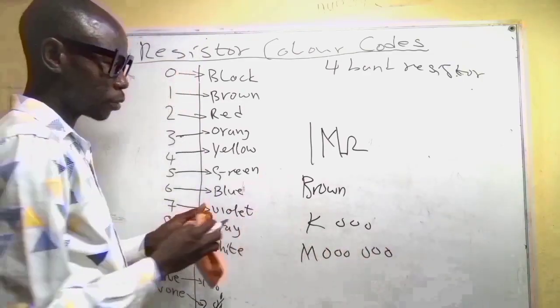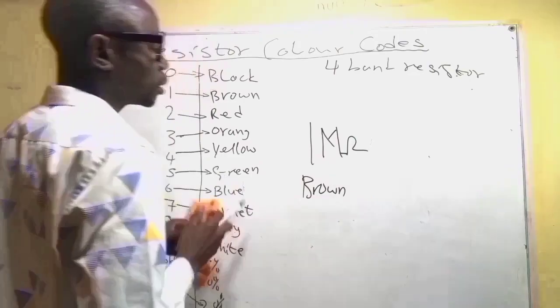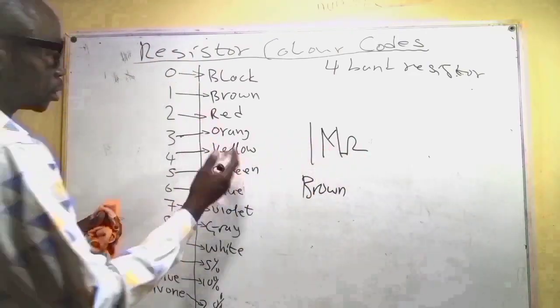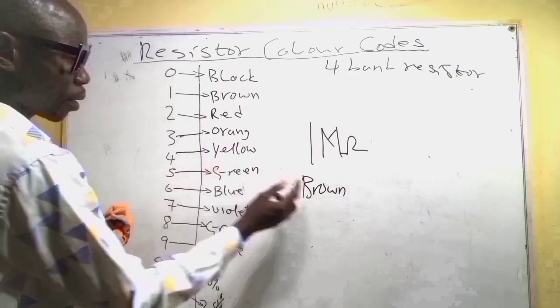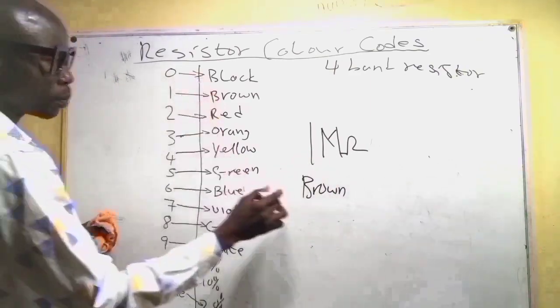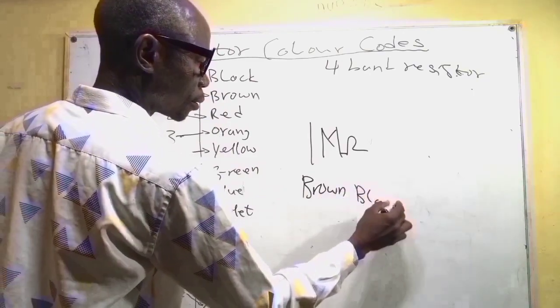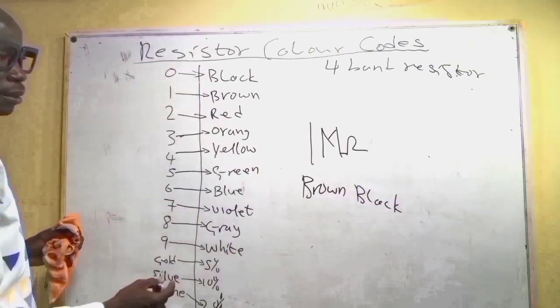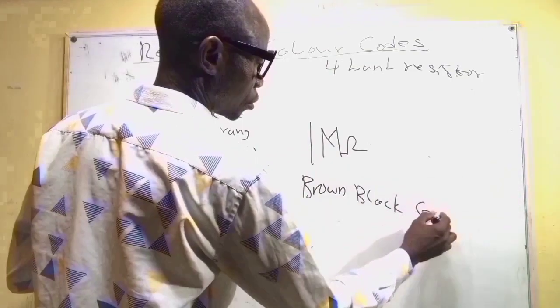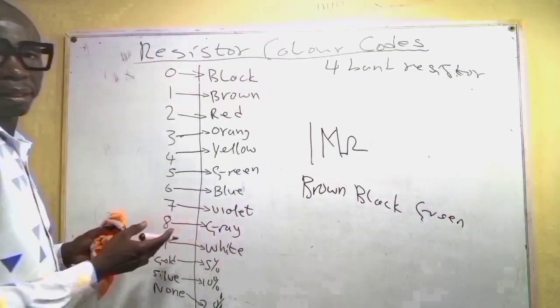So here we are to find 1 meg. You look at the chart and know it will be brown, which is 1, then black, which is the second band, then green, that is the third band.